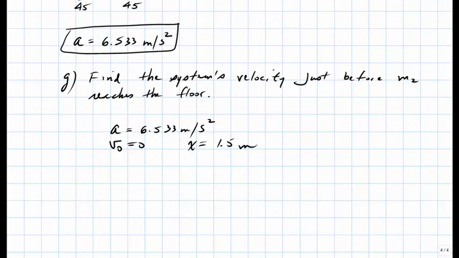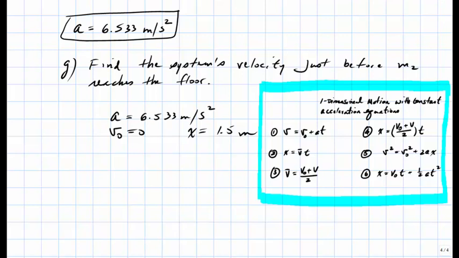So here are the equations that we've established earlier, the one-dimensional motion with constant acceleration equations, and let's try to determine which equation will assist us. The first equation won't work, and that's because we're trying to find the velocity, but we don't have the time. Second equation doesn't have a velocity. Of course, the symbol for velocity is just v.